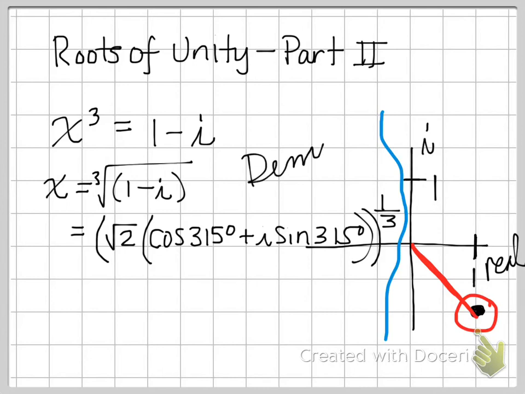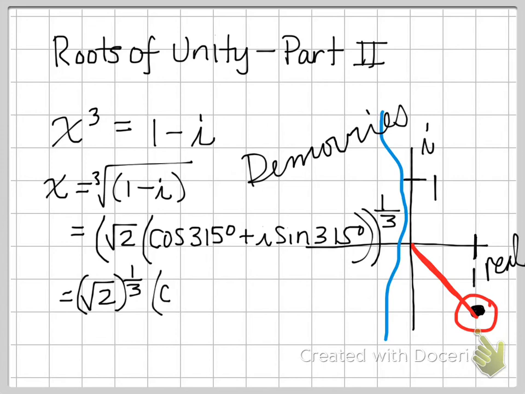Remember de Moivre's theorem? You might not know that that's what it's called, but it was raising a complex number in trigonometric form to a power. So does this look familiar from a previous section? Rad 2 to the 1/3. That's how I apply the power to a complex number in trigonometric form.